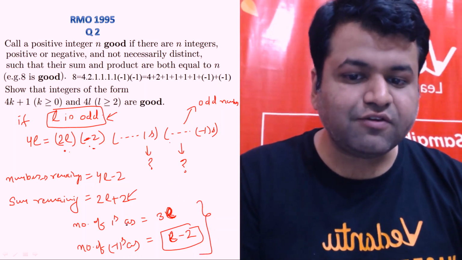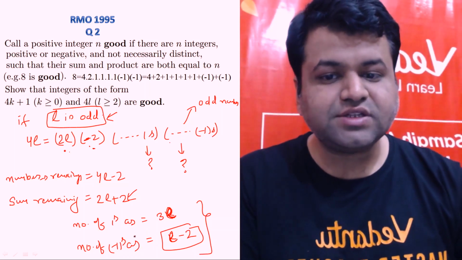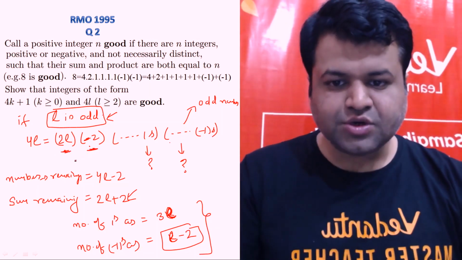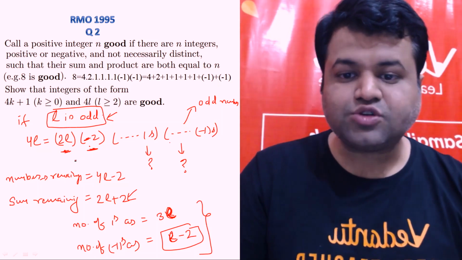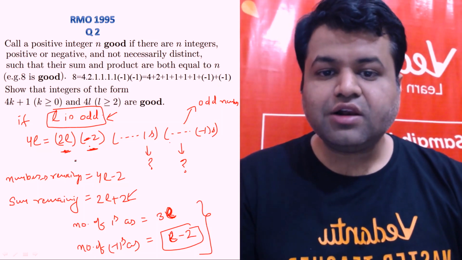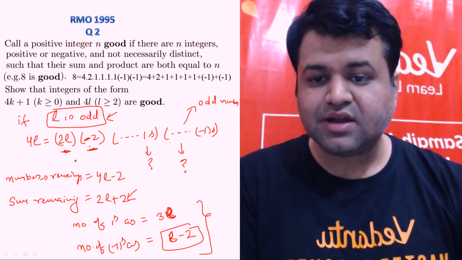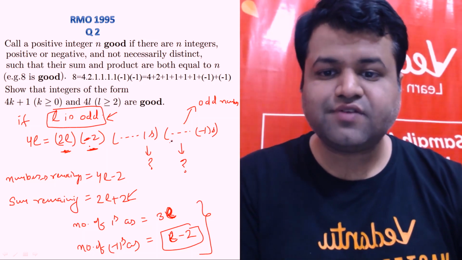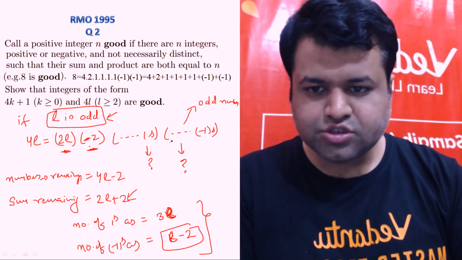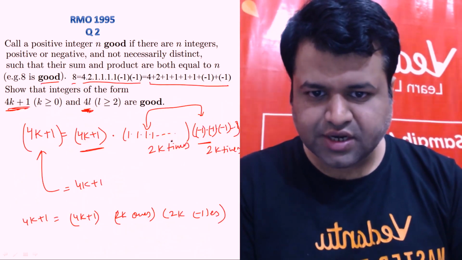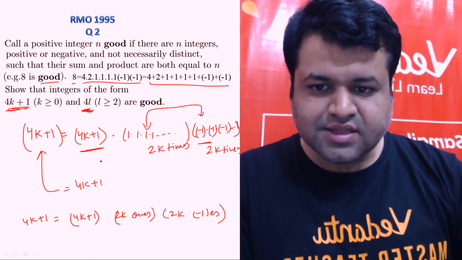Let's take 3L ones and L minus 2 minus ones, and one number will be 2L and one number will be minus 2. So in this scenario we can make 4L good both when L is odd as well as when L is even, right? If I revise this question, we have done this in three parts.